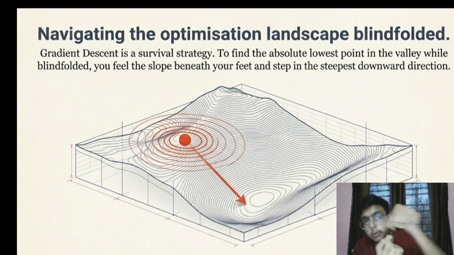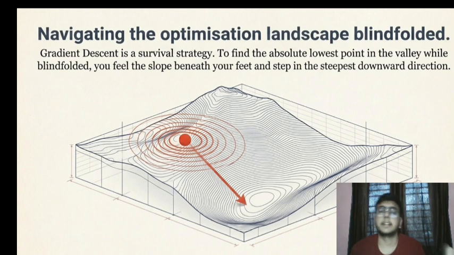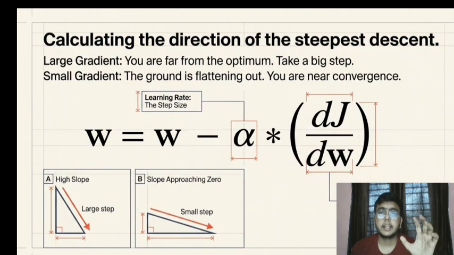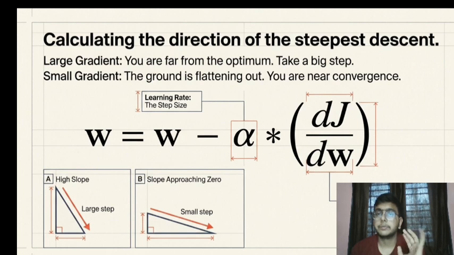So this is our minimum and we want to find that. So we should differentiate our cost function to find the minima, and that is called gradient descent.